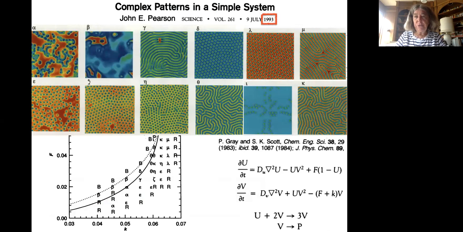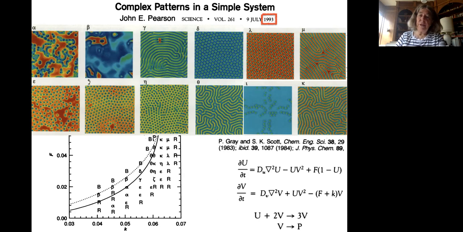And here I'm showing you an old paper that appeared in Science that I remember when this paper came out. And it came out in 1993. And it just is a gorgeous paper, gorgeous in the sense that it has these beautiful patterns that I'm showing here. And basically what the paper is trying to get at is that you have these very simple equations and just this incredible richness of patterns that can emerge from it.